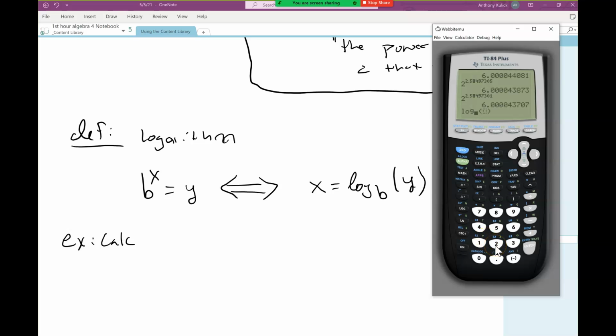So if I wanted to know what log base 2 of 6 is, the number we were searching for a moment ago, I can type in the 2 for the base, that's the subscript, and then the 6 inside the parentheses, that's the argument. I press enter and out spits several decimals of that approximation. Again, that's an irrational number, like pi, so it goes on forever, and there's no pattern to the way the decimals appear.